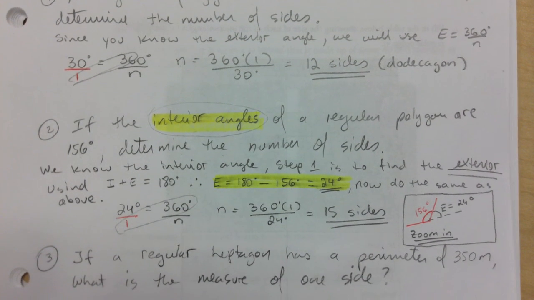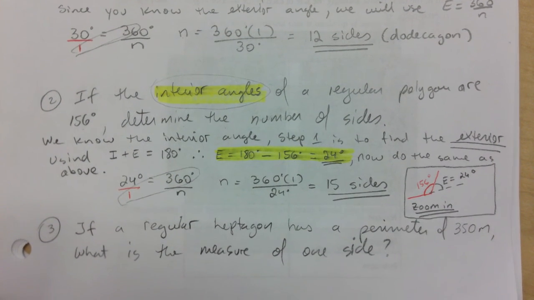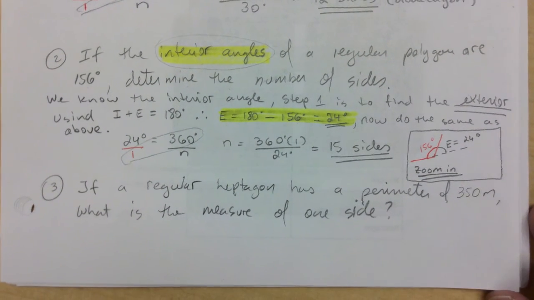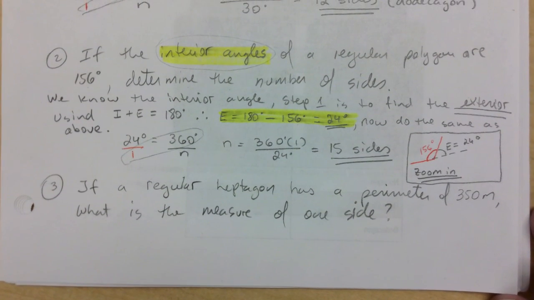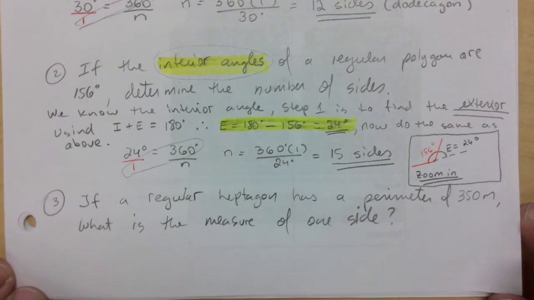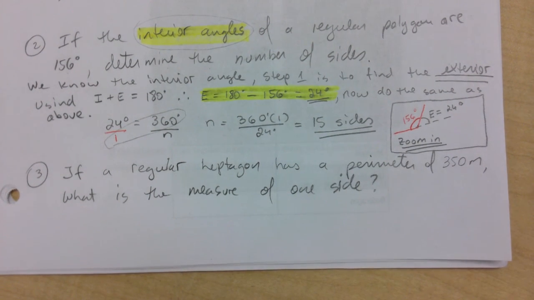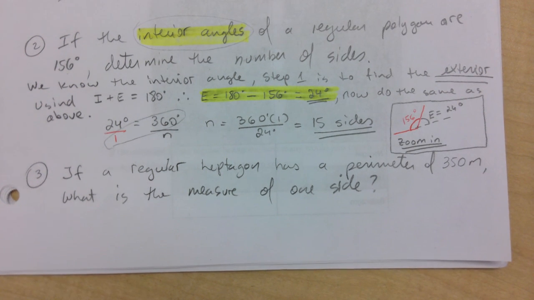One last question, and then I'll hand it over to you. I'll ask you to take out one of the worksheets that I've handed out. A regular heptagon has a perimeter of 350 meters.